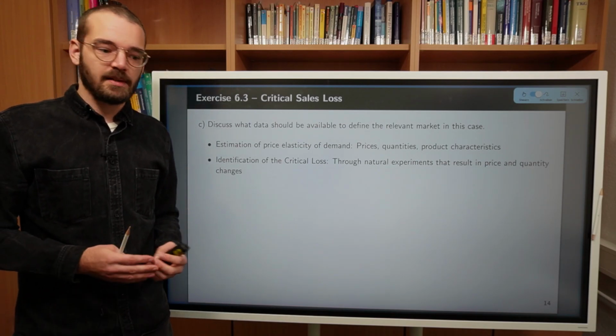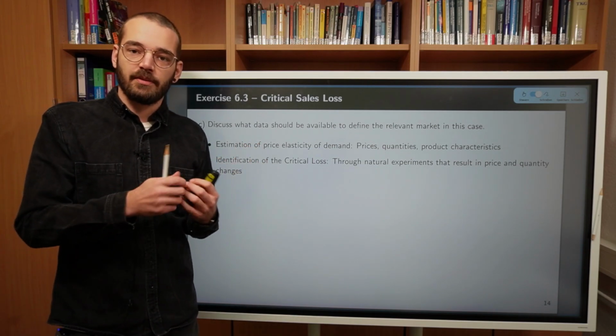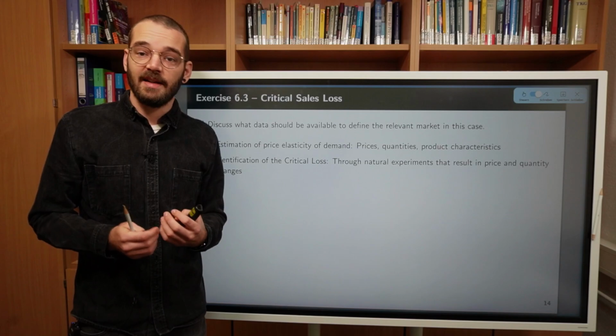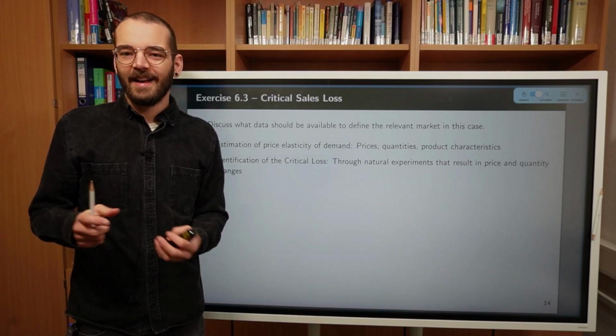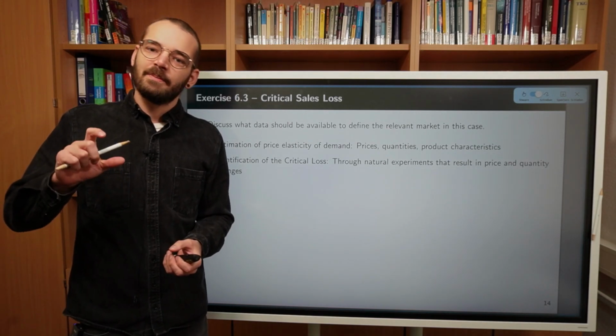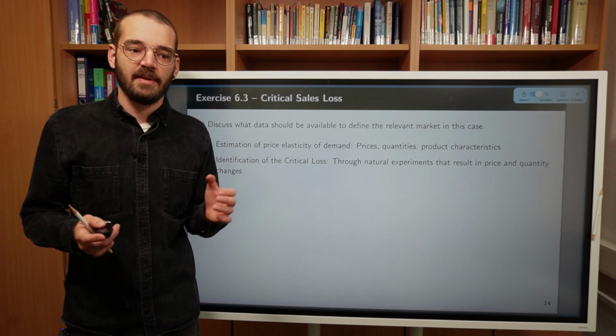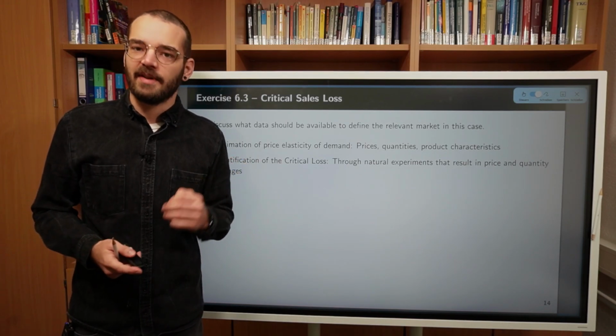Both of these concepts are similar, but of course, if we want to calculate the elasticity, we need to know a little more than just one single price and quantity combination, because we would have to infer a demand function.